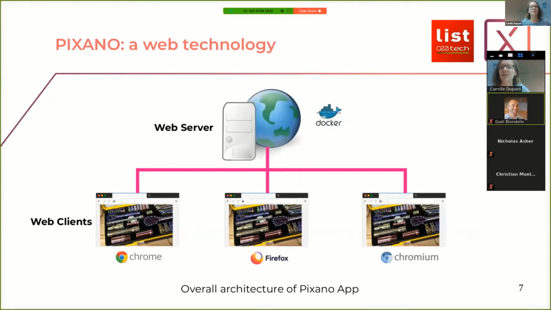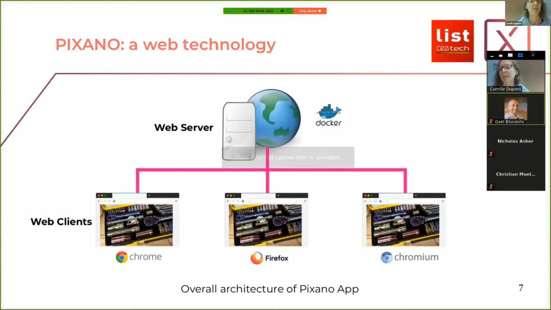Just a few words on Pixano without going into details. I just want to present the tool a little bit and give the key features that it has. So in a few words, Pixano is a web technology, it's a web tool. What does it mean?